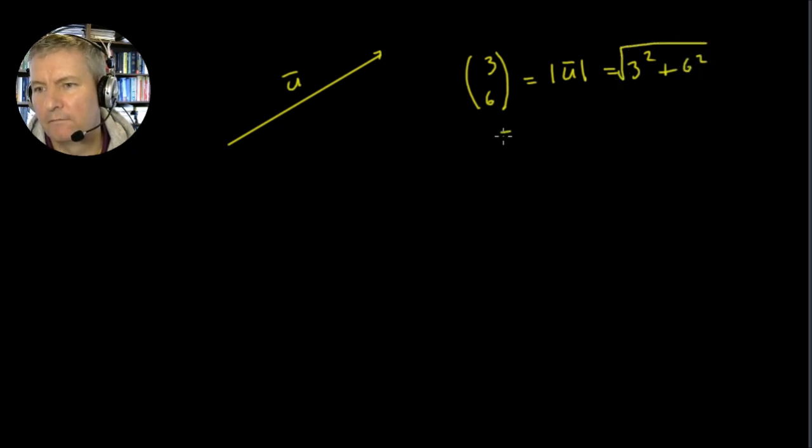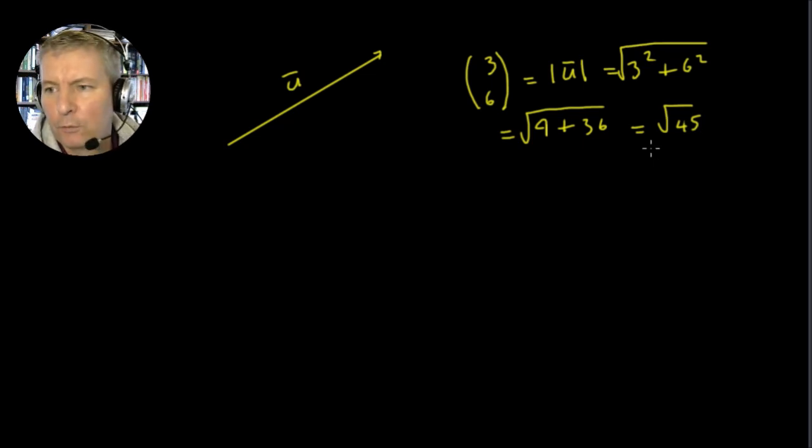That gives a value of 9 plus 36. The square root of that equals the square root of 45. So it's quite straightforward finding the magnitude of a vector whenever the vector is written in component form.